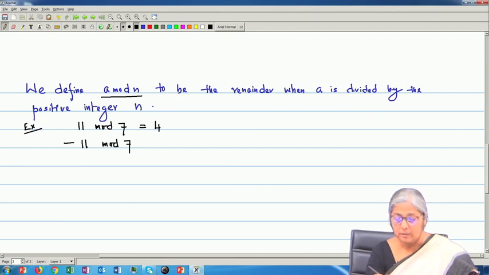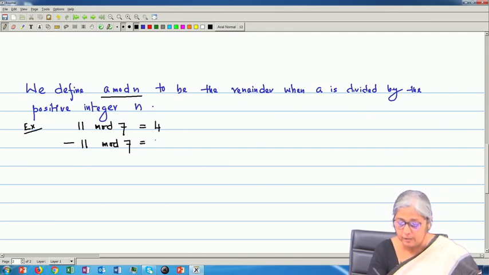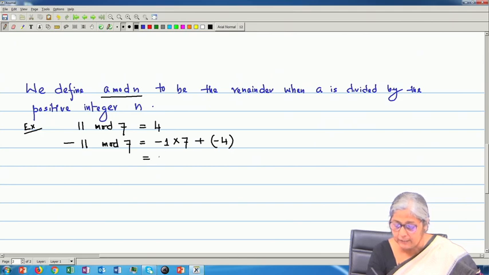I can write this as minus 2 into 7 plus 3, or minus 1 into 7 plus minus 4, which is minus 11.